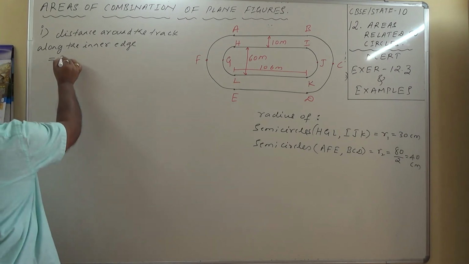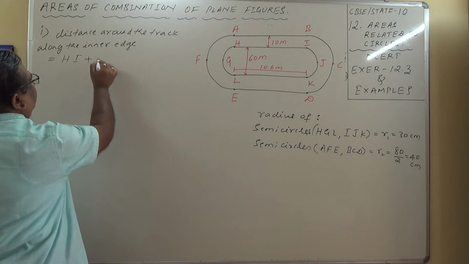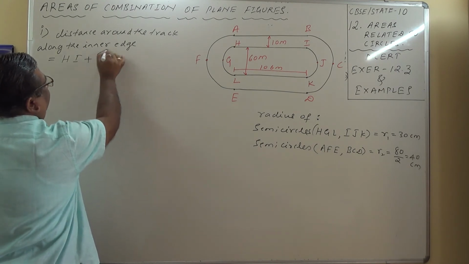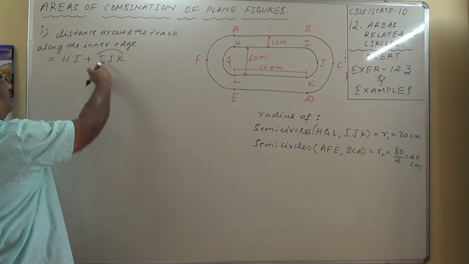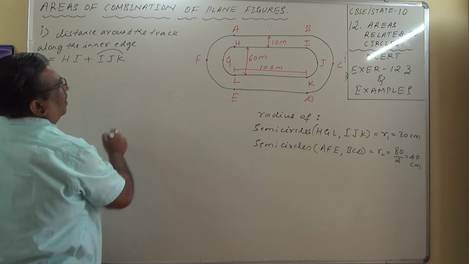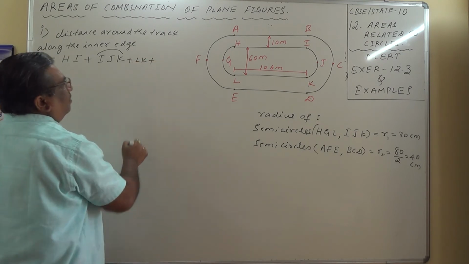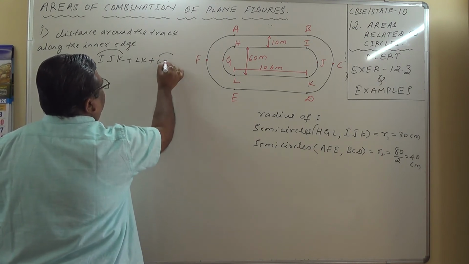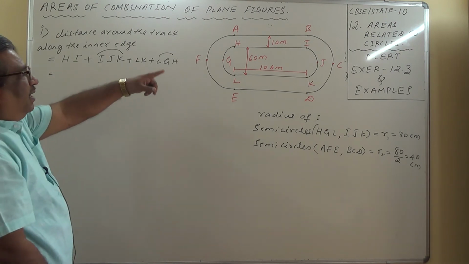So length HI plus arc length IJK, arc length is represented by a curved arc over the letters, plus LK plus arc length LGH, which is equal to HI, how much? 106 meter.